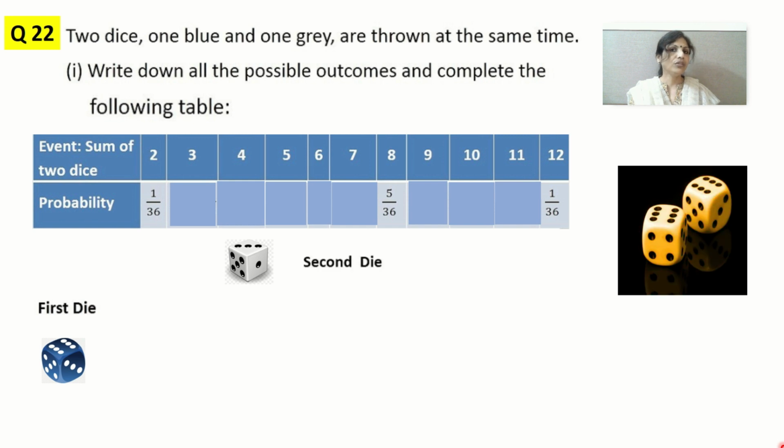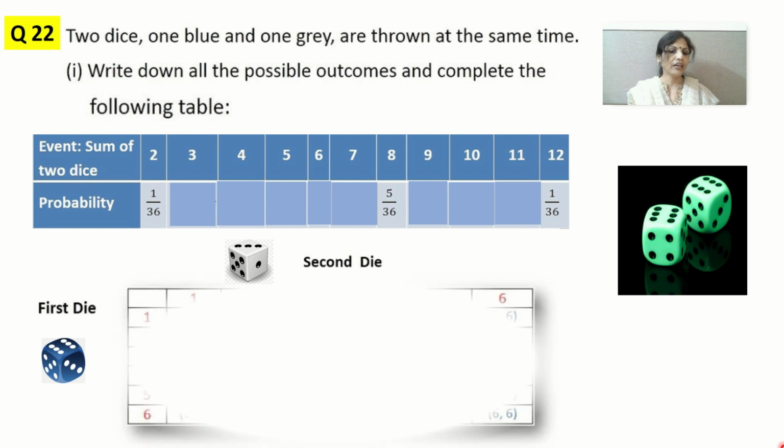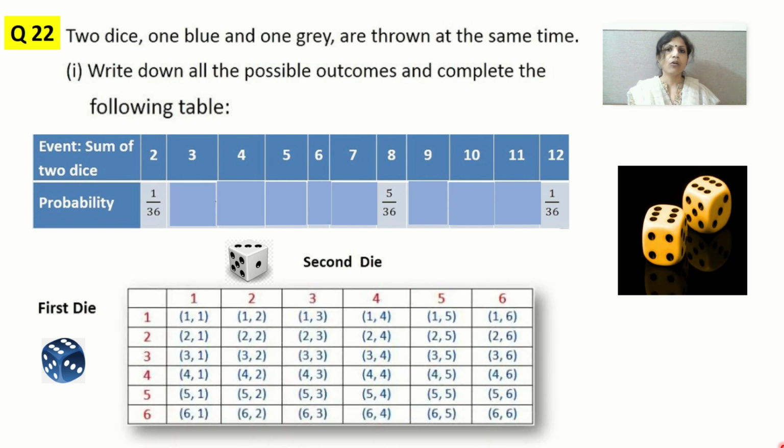And when you throw these two dice together, what are the possible outcomes? So have a look at this. This table will give you an idea. When you see the horizontal first line, the red color numbers 1, 2, 3, 4, 5, 6, these are the outcomes for the grey die. And the vertical numbers 1, 2, 3, 4, 5, 6 in red color, these are the outcomes for the blue die.